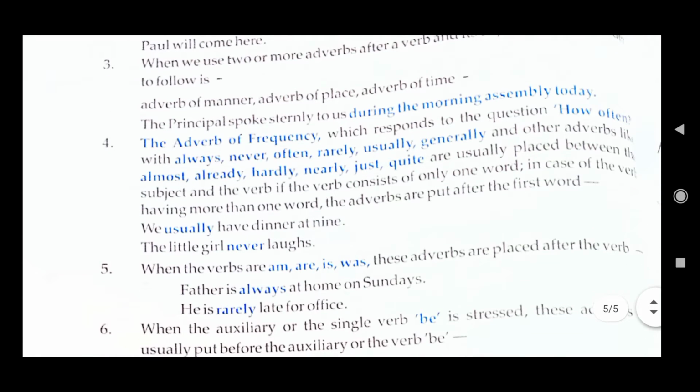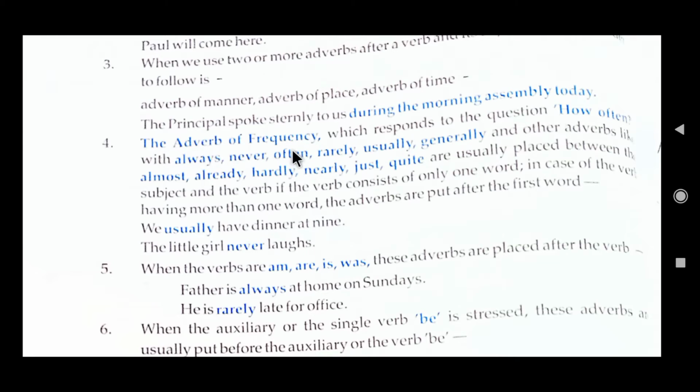Now, the principal spoke sternly to us during the morning assembly today. Here you can see that sequence. Manner was sternly, place, morning assembly, time, today.